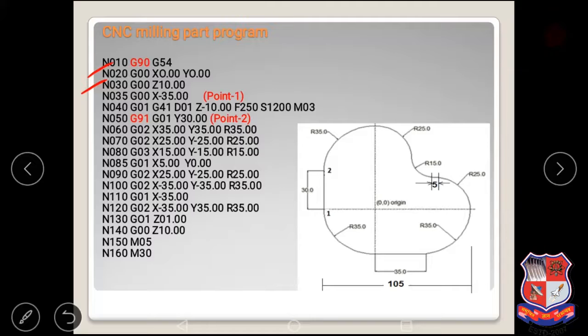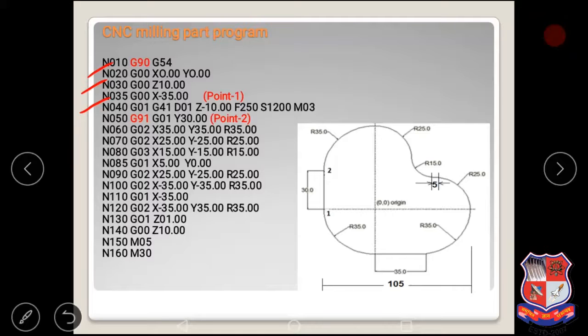Whatever distance is traveled by the tool in the downward direction from that origin value 0 in Z direction is written in minus. So now we are at the origin with the G00 command.